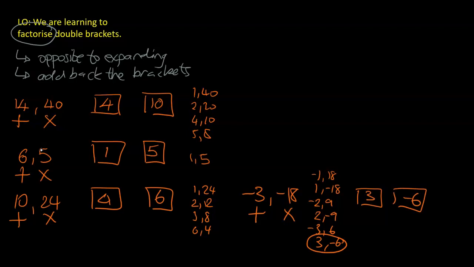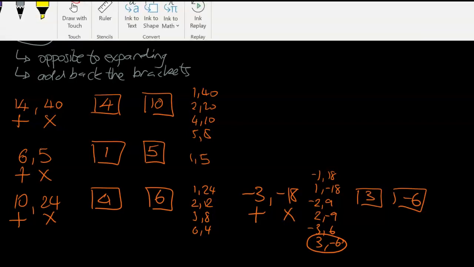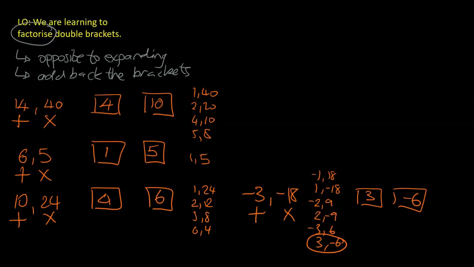So that's the skill that's going to be really, really critical to factorizing our quadratics. Now, I'm going to change pen color again. We'll get into blue. And let's just relate what we did to quadratics. So example number 1 would have been x squared plus 14x plus 40.